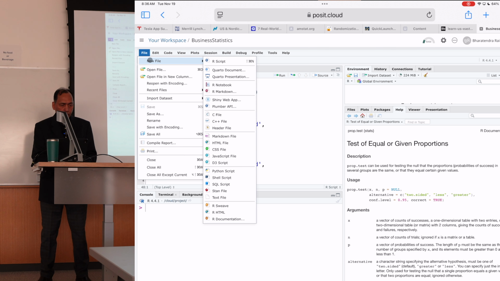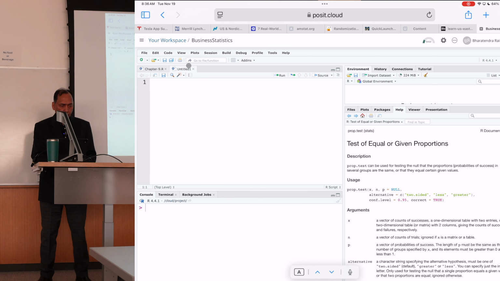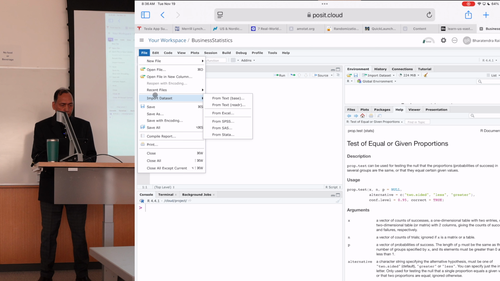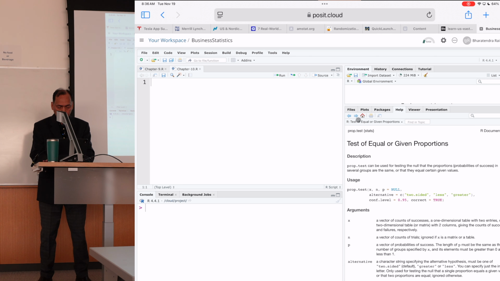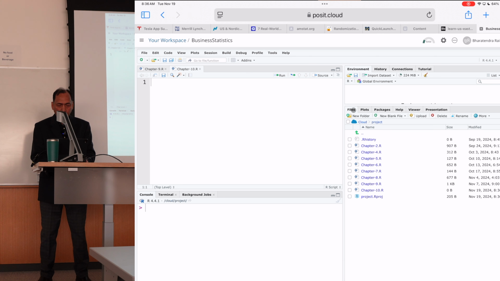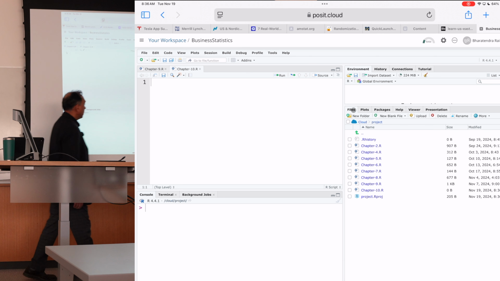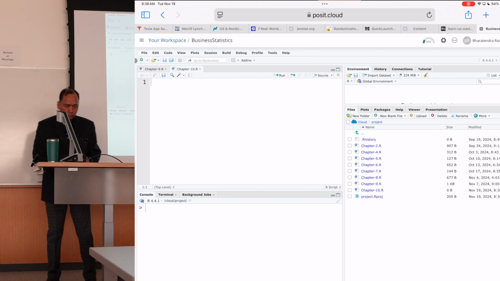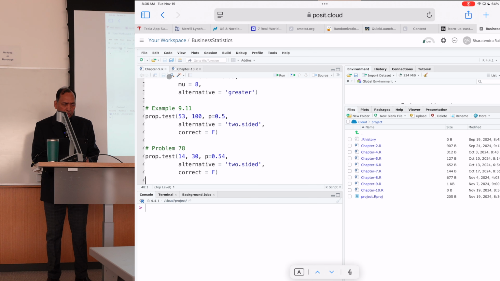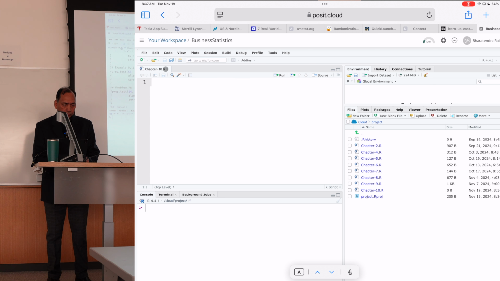So we'll create a new file R, and we'll save that file as chapter 10 so that we can go to files and access that chapter 10 anytime that we need. We'll close chapter 9. So this is going to be chapter 10.